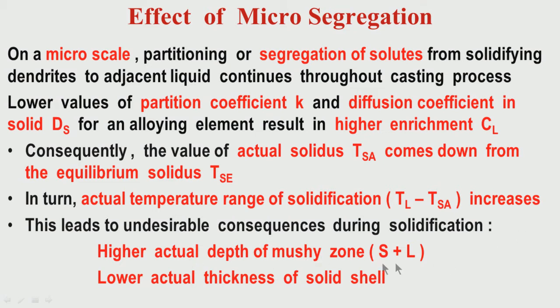The actual depth of the mushy zone, solid plus liquid, is more, and the actual thickness of the solid shell during solidification is less. So, the actual thickness of the solid shell is narrow and the depth of the mushy zone is more. So, segregation is causing these two or three important consequences which will have impact on the quality of the cast.